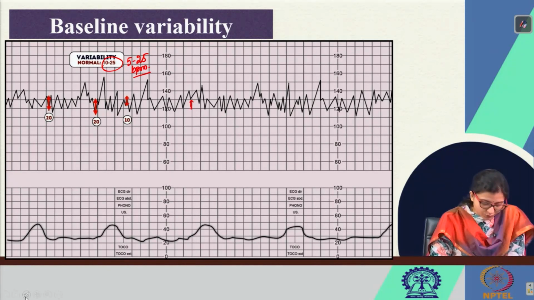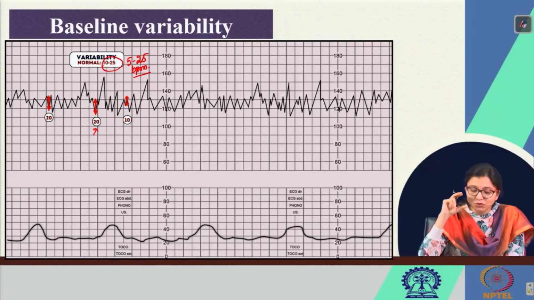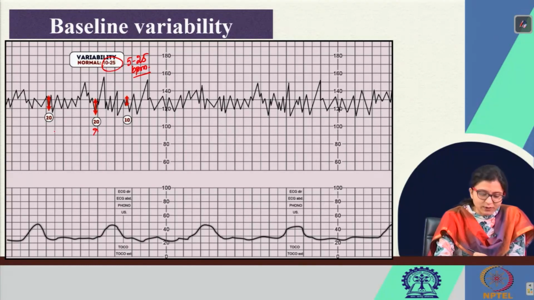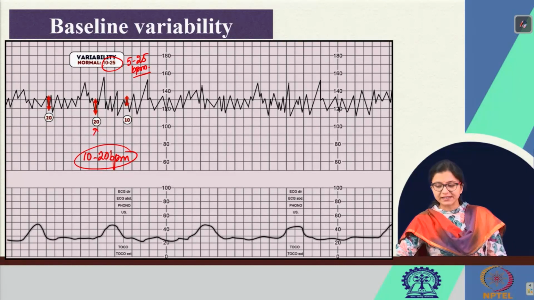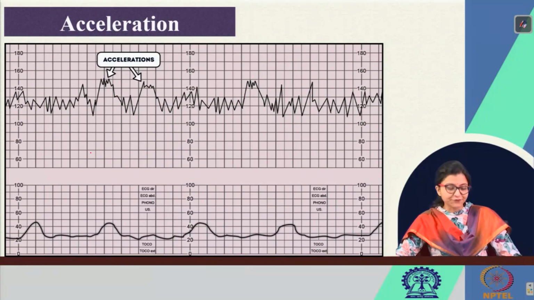Here you see they have already marked. The variability is 20 because it is enclosing 2 squares, and here it is 10. In a nutshell, you can say the variability is 10 to 20 beats per minute, which is normal. So, that was regarding fetal baseline variability.